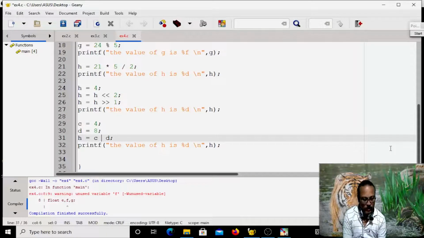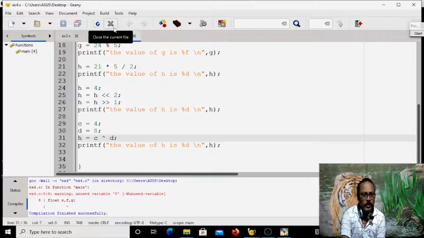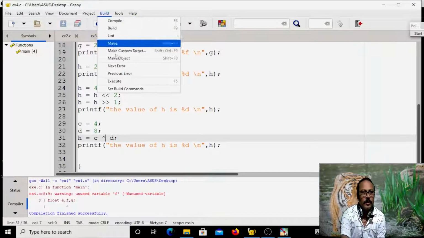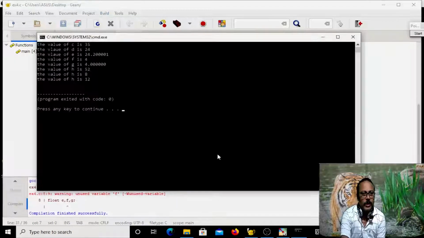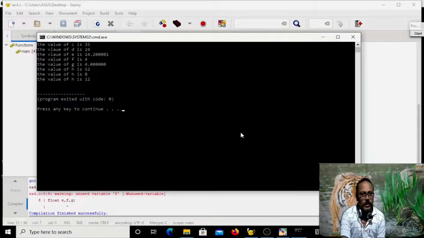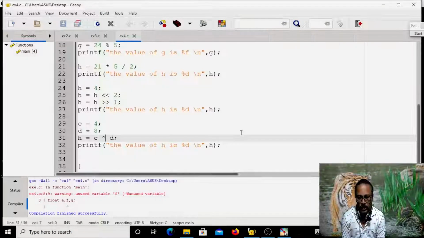Is there any other operator like that? The exclusive OR operation also gives 12, but here it is also 12.